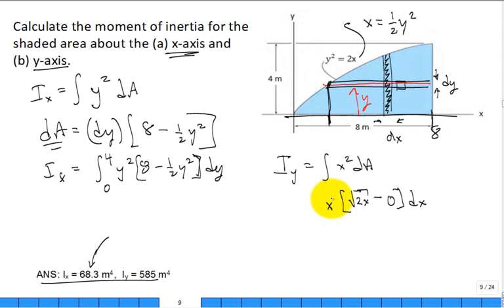And then you have x squared, the integral. What about the lower limit and the upper limit? And now you have it. You can compute the moment of inertia for that area about the y-axis, and that should give you 585. All right, let's press on.